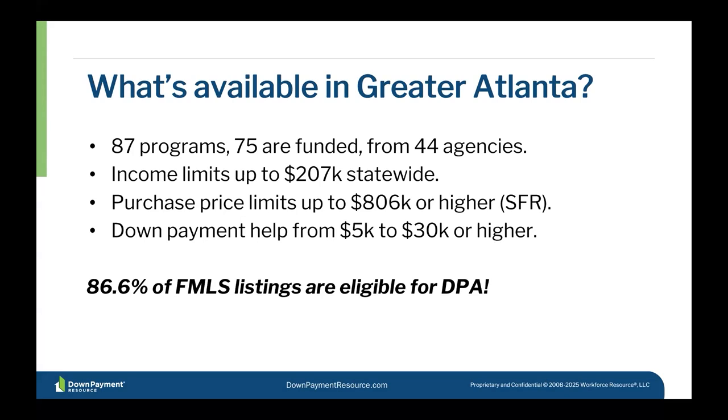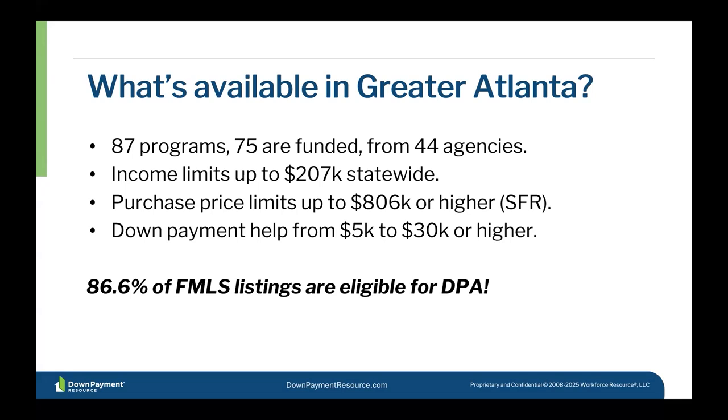Now, there are going to be some nuances and some unique programs out there that have higher income limits, higher purchase price limits, and things like that for unique situations, right? But the average income limit is up to 207,000. And then purchase price limits, we showed those going up to 806,000 or higher in some of those unique cases.